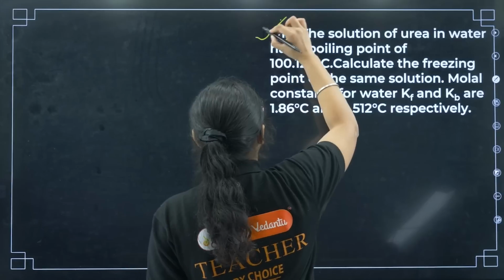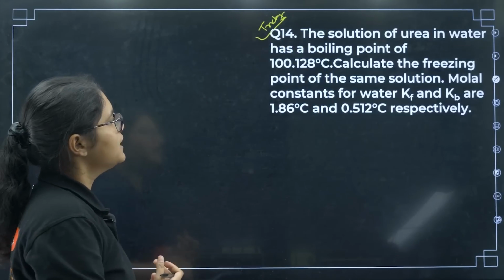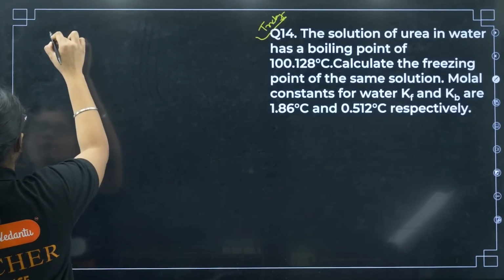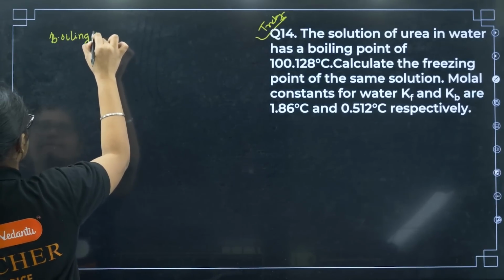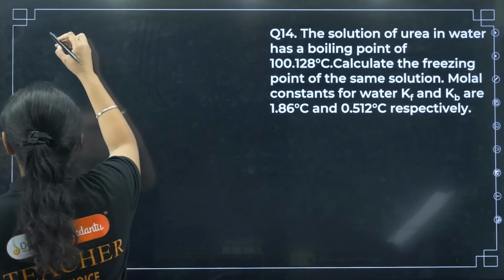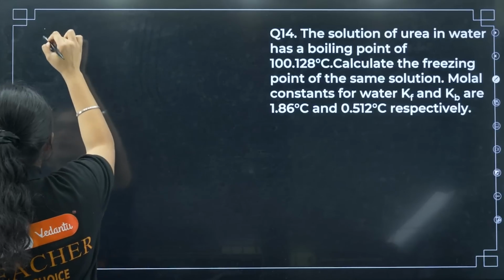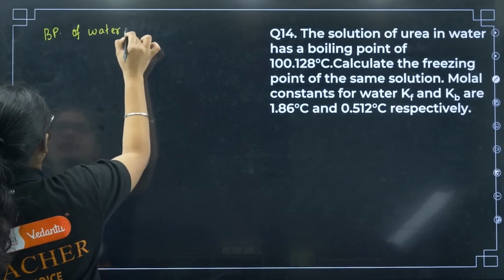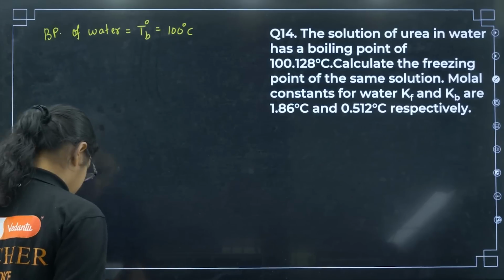This is also a tricky, but easy question, a little bit tricky. Okay, so let us see that. You know the boiling point of water. I'll write it like this: boiling point of water, T naught B, is how much? 100 degree Celsius, right?